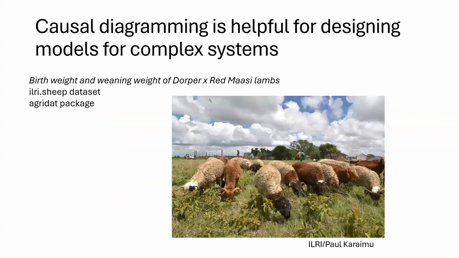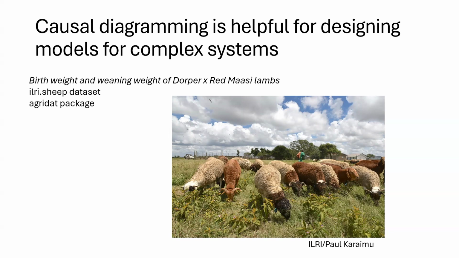So what I'm going to do now is walk you through a causal diagram process for an actual agricultural data set. And hopefully this will be a model for you to start to implement this process in your own work. The data set that I will be using is on the birth and weaning weight of Dorper and Red Massey lambs, sheep, in honor of Professor Frederick, who's a sheep farmer.